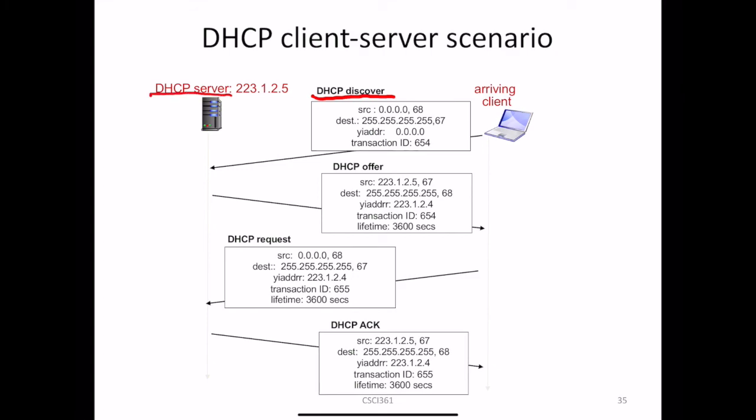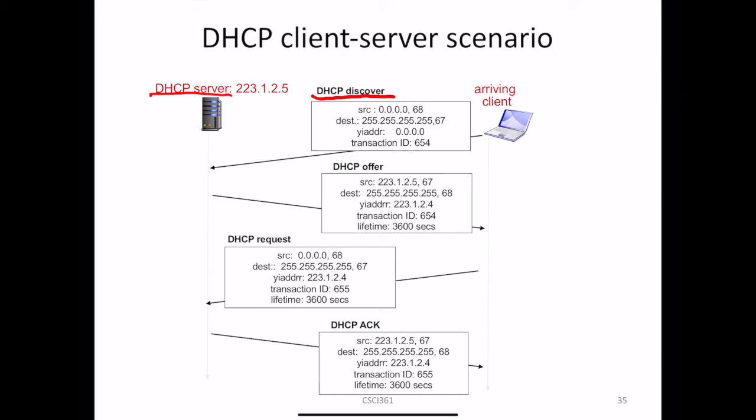Therefore, the arriving client sends a broadcast message to the entire network. And when the DHCP server receives this DHCP discover, it also uses the broadcast way to send the DHCP offer back to the arriving client, because the DHCP server doesn't know the IP address of this arriving client, because the arriving client doesn't have an IP address yet.